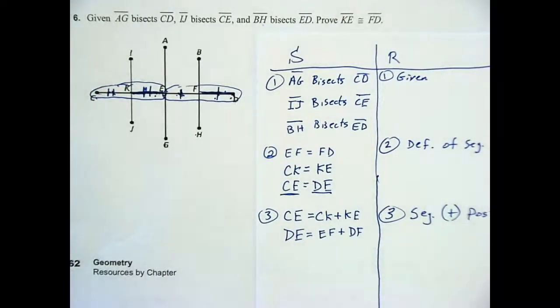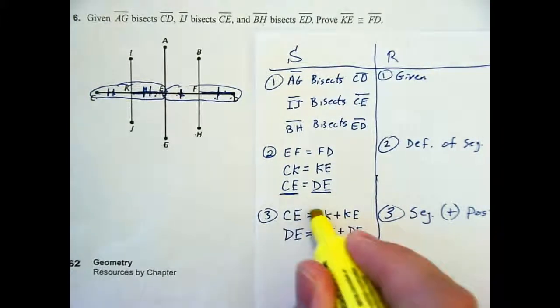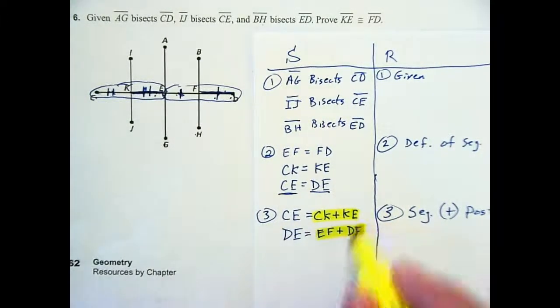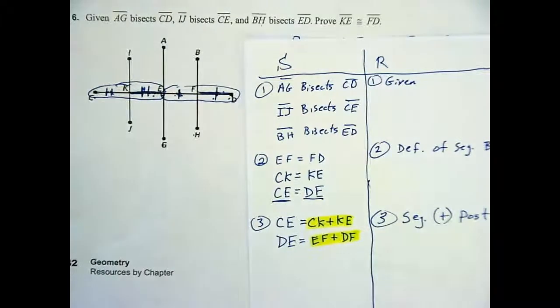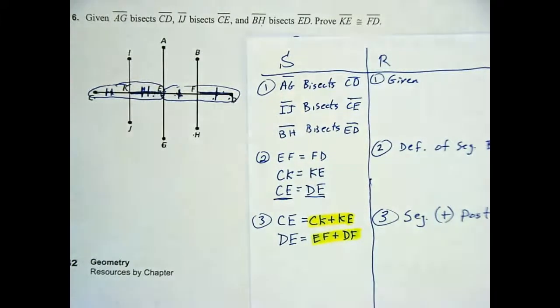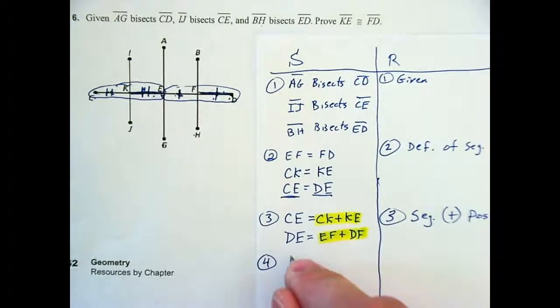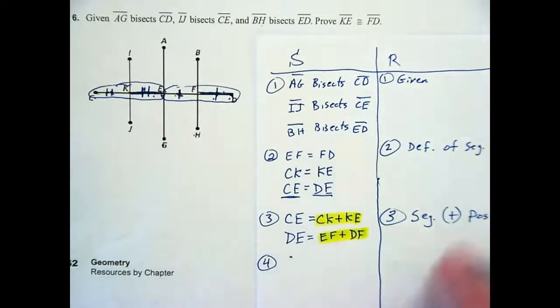Well, note that CE equals DE, and if CE is this, and DE is that, what can we say now? Now can you say that K is congruent to FD? No. Isaac? Can't quite go there yet.